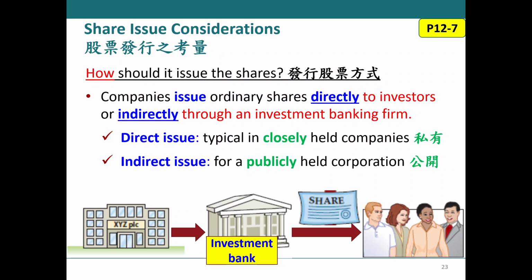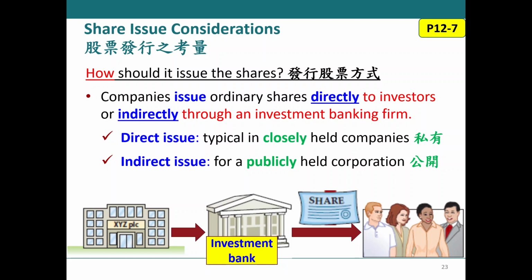Okay? So the direct way is usually for closed companies. It means some companies don't sell the shares in the market. So they will talk to people like your family, your friends, your colleagues, your classmates, and tell them, my company is a good company. Do you want to invest in my company? Become my partner?